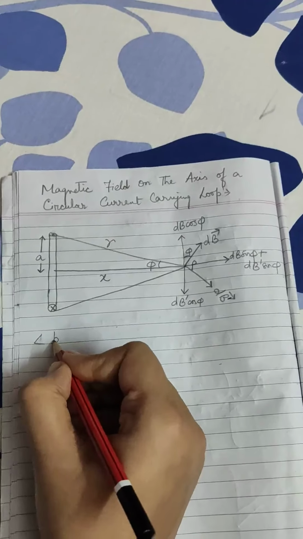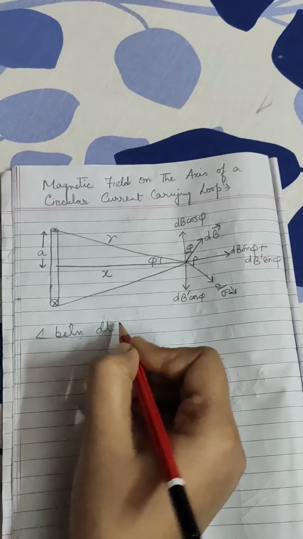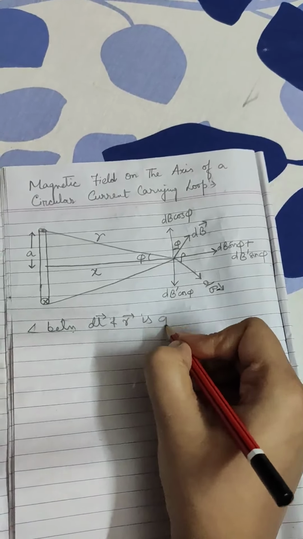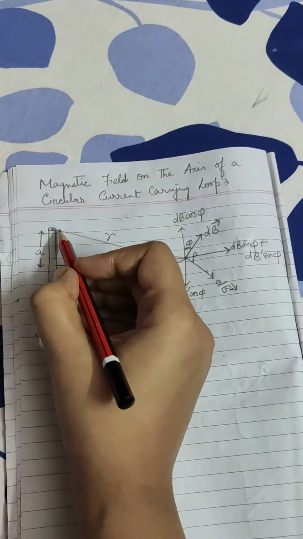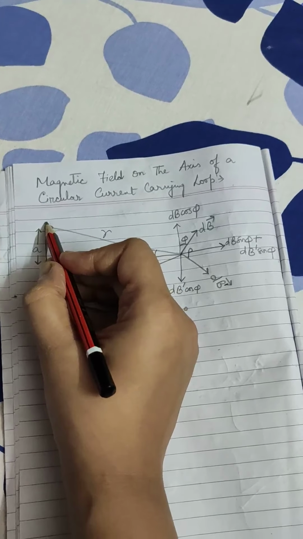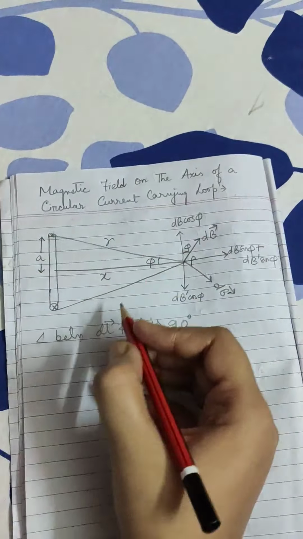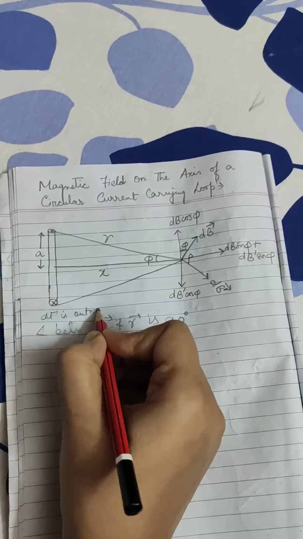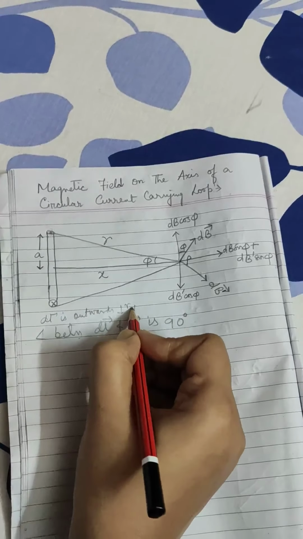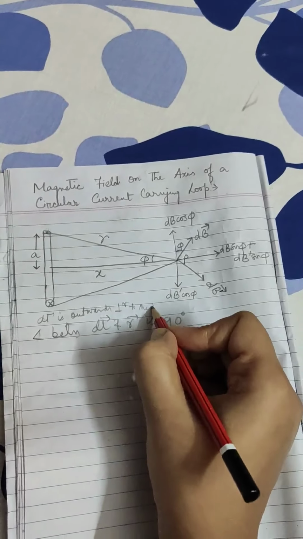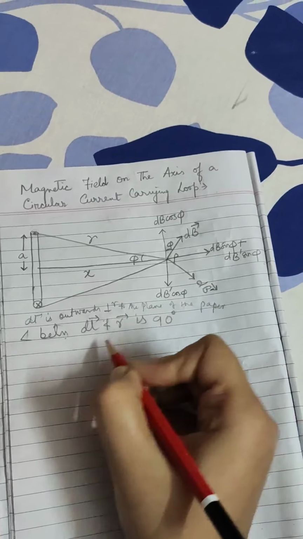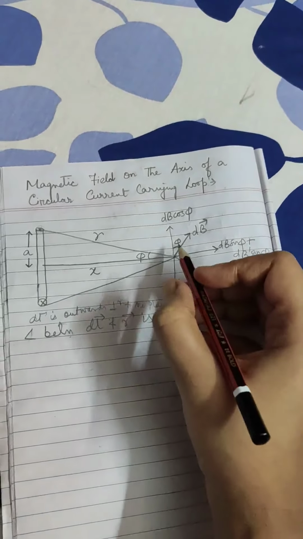So the angle between dl and r is 90 degrees.